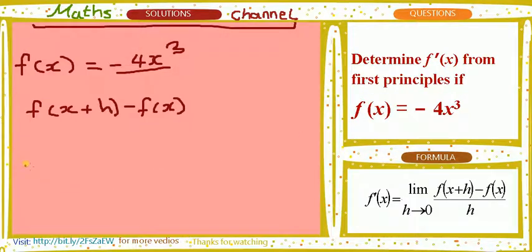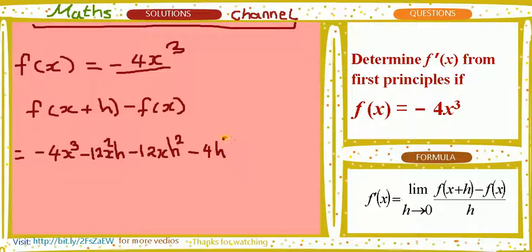So we'll have negative 4x cube, minus 12x with the square, minus h with the square, and h with the cube.